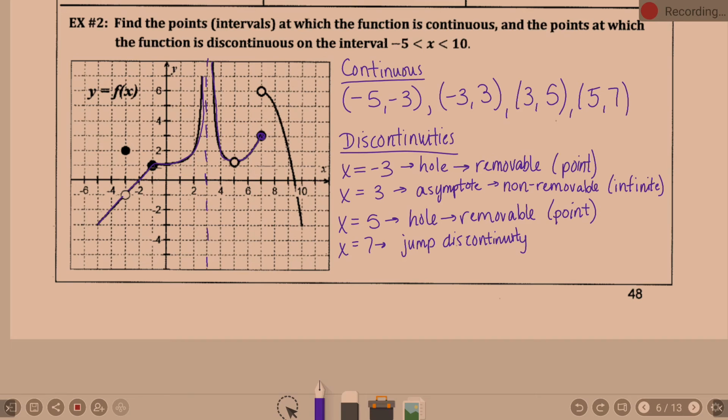How do I have it written in my notes? I have jump discontinuity, and I do have written down that it is non-removable. And then 7 to 10.